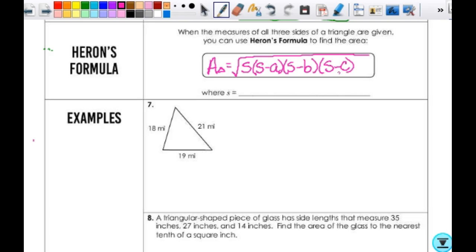Okay, so not that bad, but you gotta know what s is, right? So we'll talk about s in just a minute. And a, b, and c are just your 3 side lengths. So s is equal to 1/2 times (a plus b plus c). So if you look at just the a plus b plus c, what does that tell you about the triangle? The perimeter.